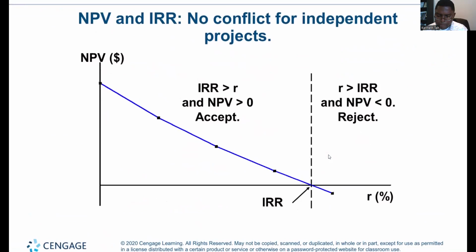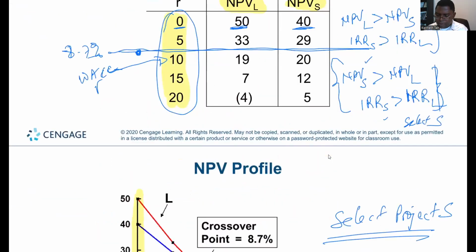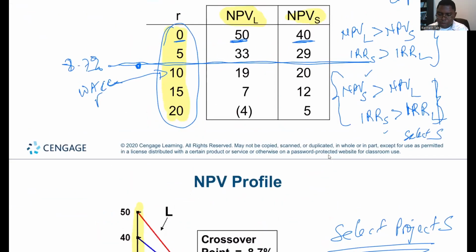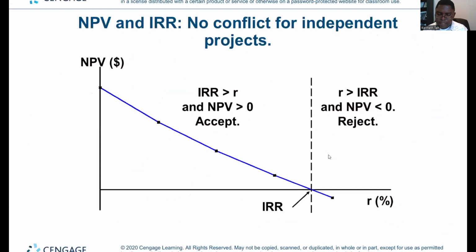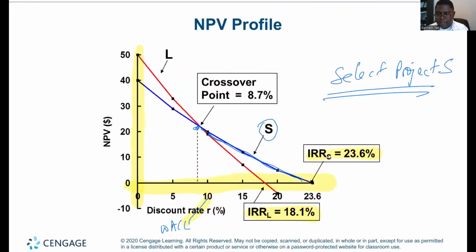And that is the area for which there is no conflict. There is no conflict in terms of NPV, and there's no conflict in terms of internal rate of return. So when projects are mutually exclusive, then we can look for the cross rate.